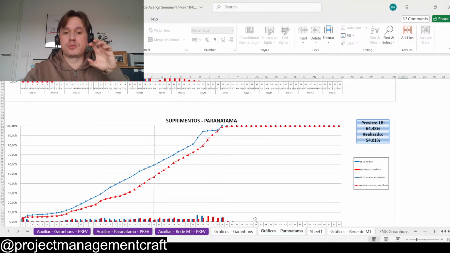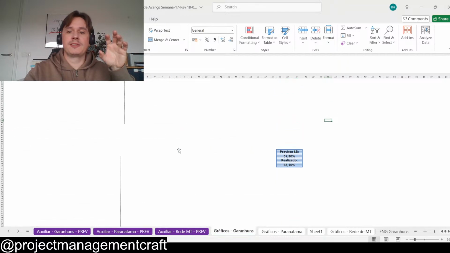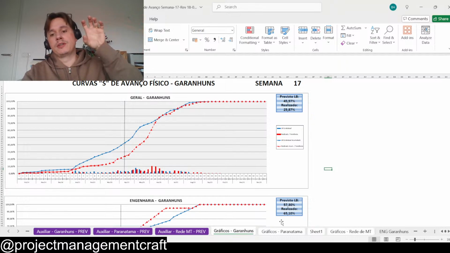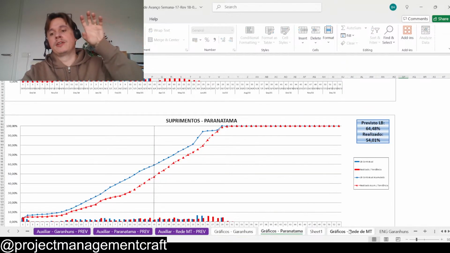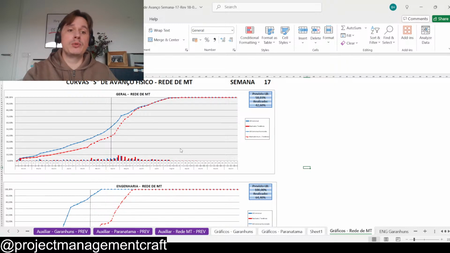Because here is one piece of the scope. Here I have the other part of the scope that I can showcase. For example, this was one substation. This was another substation. This was the medium voltage distribution lines that they had to build for the project.